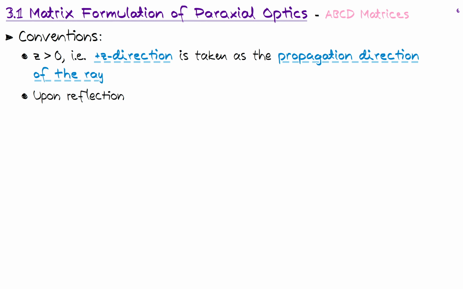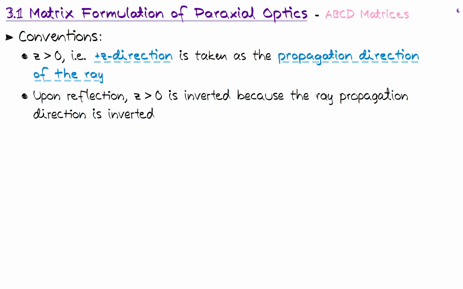And when a reflection happens, then the z greater than 0 condition is inverted because the ray propagation is inverted. In that case, the propagation is along the minus z direction. So for example, when we have rays hitting a mirror, and then we look at the ray propagation afterwards, we must be careful with the sign notation.